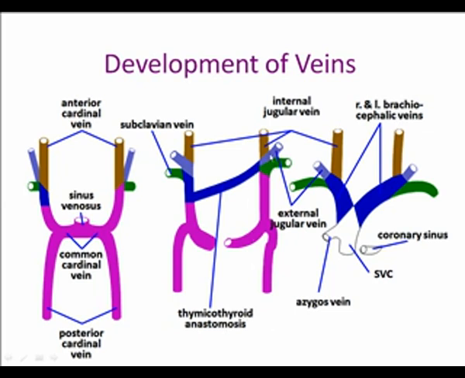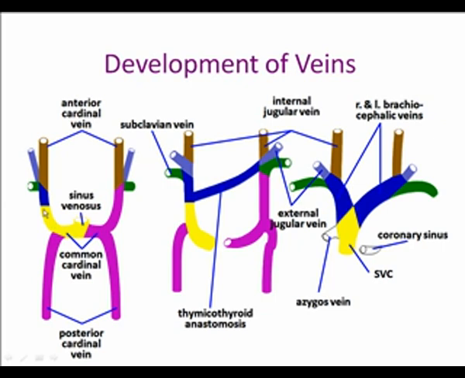that will connect the internal jugular, the external jugular, and subclavian on the left over and shunt blood over to the right side. What's going to happen then is that we're going to get a degeneration of the anterior cardinal over on the left.